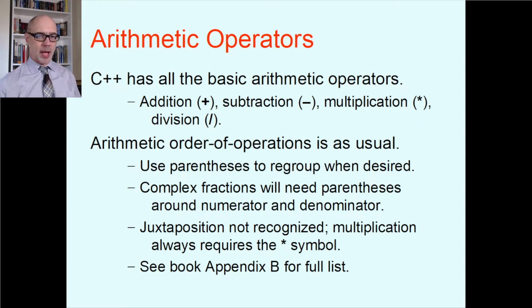In normal math, you're accustomed to just having 4 operations that you need to handle. But for the full 50-fold or so operators in C++, there's a much larger precedence table. And as you add more operators, you might want to keep an eye on that to see which ones happen first. That's up in the appendix.